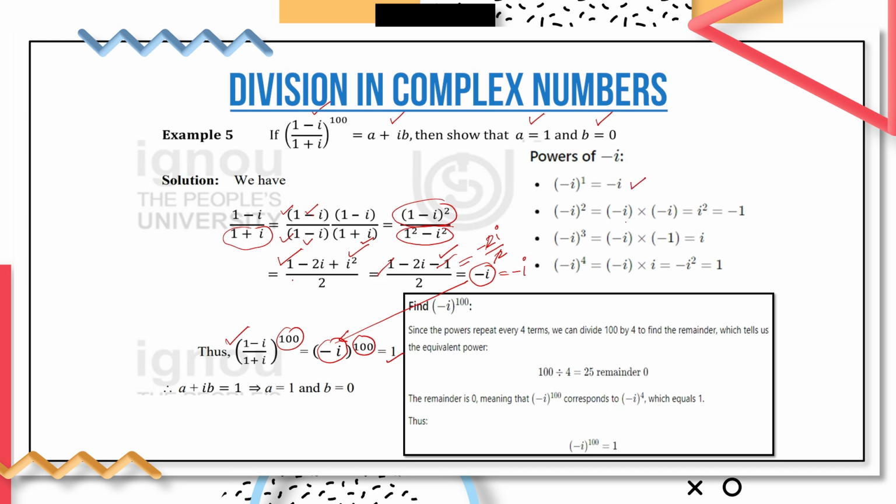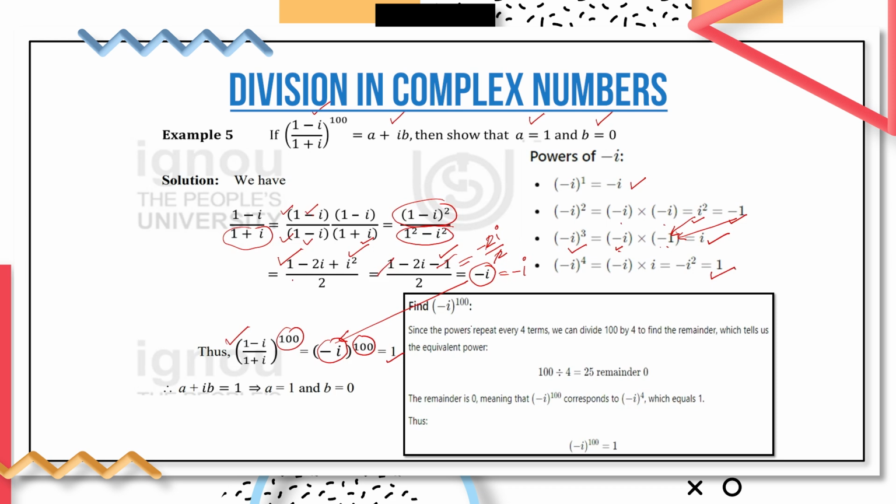Minus i square is minus i into minus i, that is i square, and that is minus 1 only. Minus i cube is minus i into i square, which is minus 1, so minus i into minus 1 is nothing but i. And minus i to the power 4, on the same lines, turns out to be 1.